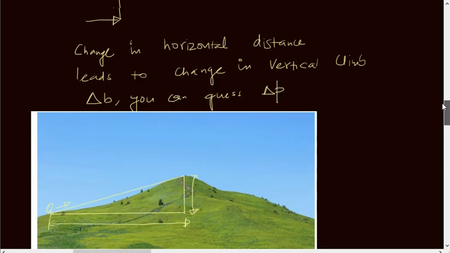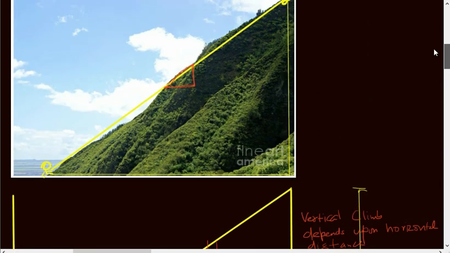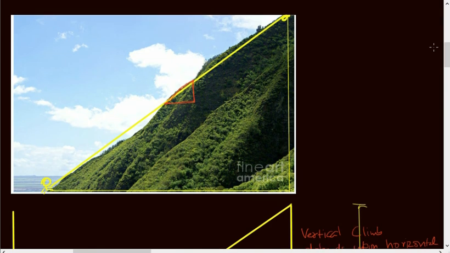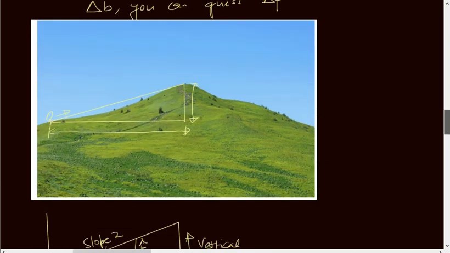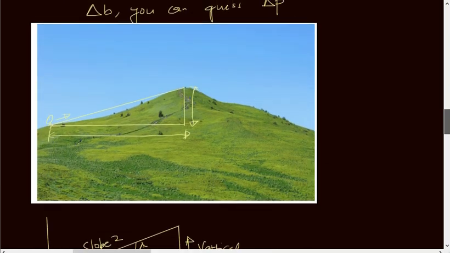But because the slope of 1 is larger than the slope in the case of 2, you gain height slowly.